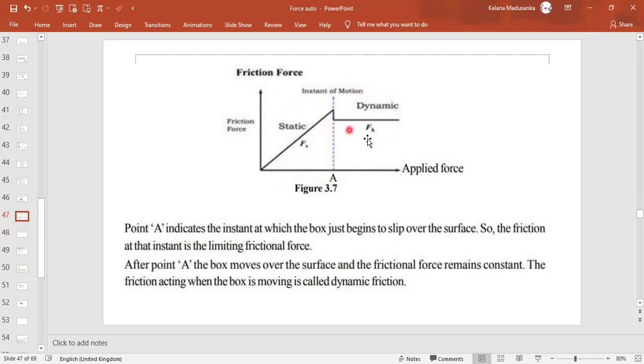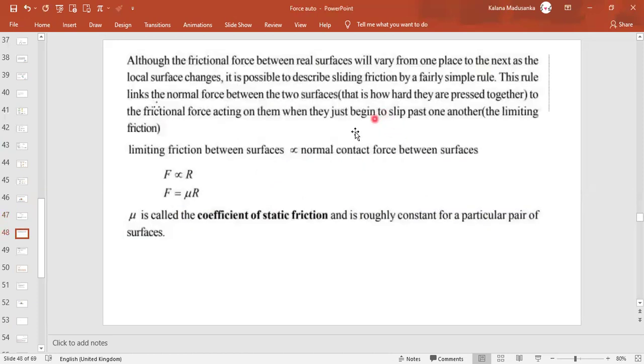After that, it is not proportional. Considering the proportional side, I can write that the applied force is proportional to the reaction or the friction, right? To take out this proportional sign, I have to multiply this equation by a constant. Now, this constant is called the mu term.